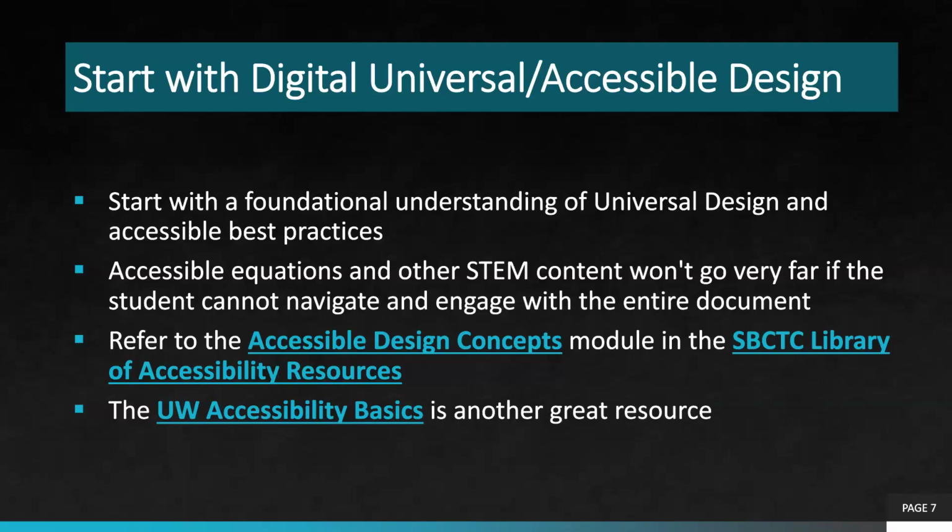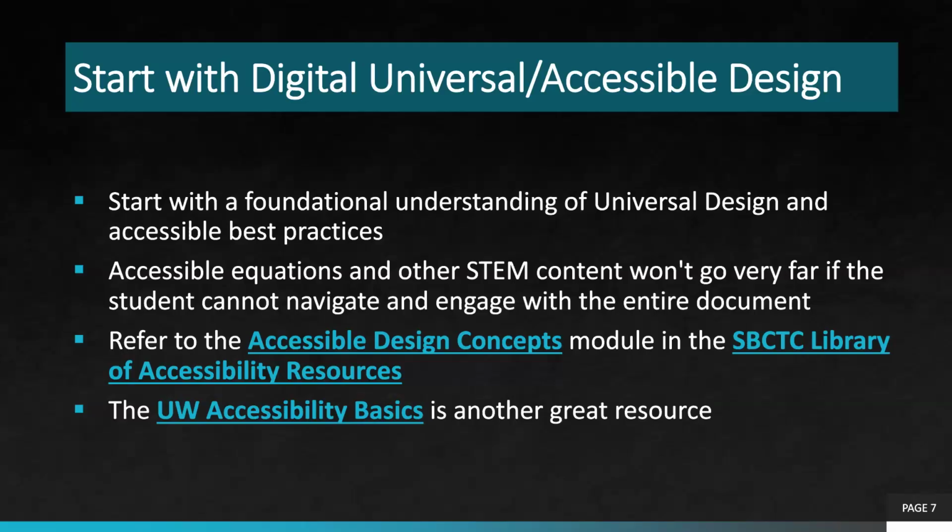So having accessible STEM content's not going to go very far for a student who's using a screen reader if that document has really poor heading structure and they cannot navigate it easily, or has a list of 100+ inaccessible hyperlinks and they cannot distinguish which hyperlink is going to take them where.